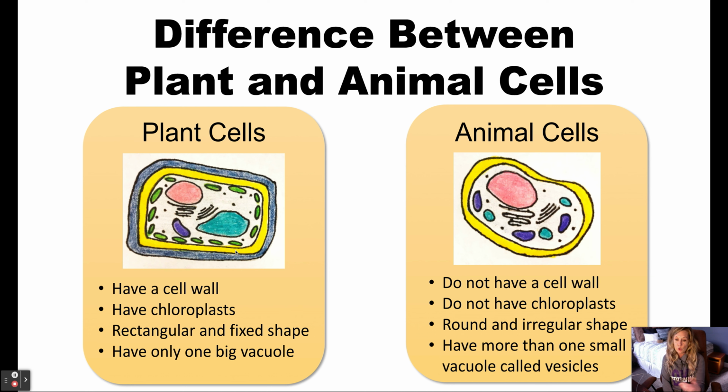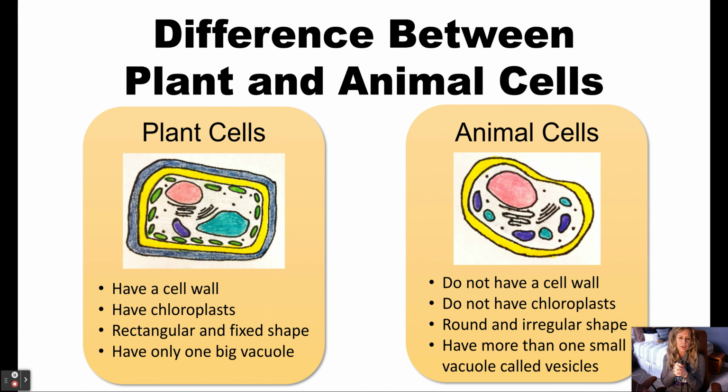They also have chloroplasts, which contain the chlorophyll to go through photosynthesis to produce energy from the sun. Plant cells are typically rectangular in shape, and because they have that cell wall to keep their shape intact, they're typically fixed in that shape. And they typically have just one big vacuole, so one big storage tank.